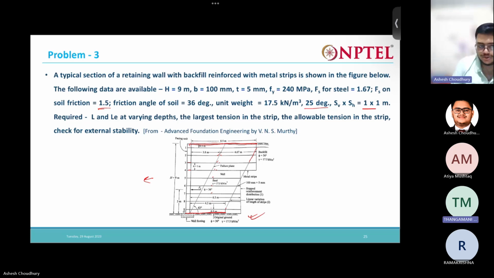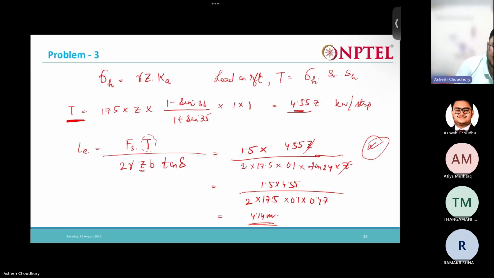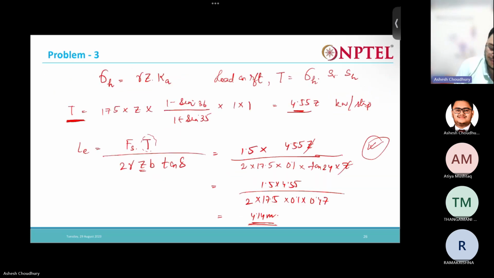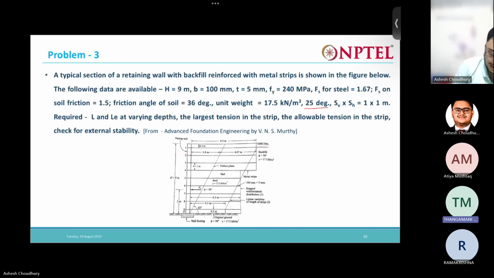It will give us the total weight of the soil mass. All right, and this 4.5 is just taken, this is your choice. The minimum width at the bottom is 4.14 meter, right? So this strip will come to 4.14 meter.